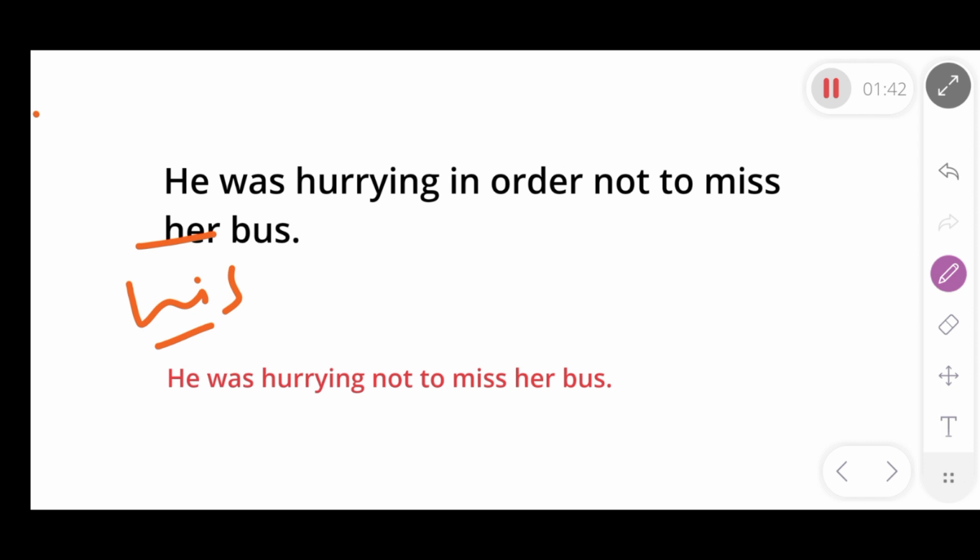In this sentence, not is used with in order to. Similarly, we can say he was hurrying so as not to miss his bus. Both of these sentences would be correct. But we cannot say he was hurrying not to miss his bus. We cannot use not with to.